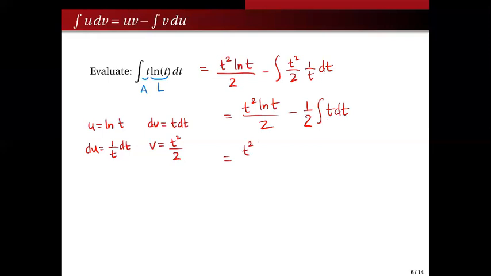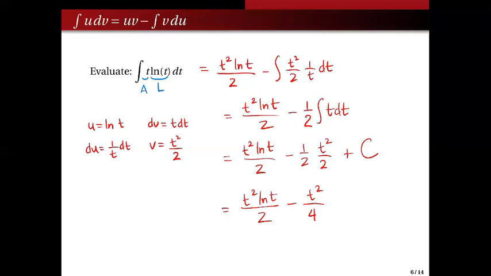You have t squared ln of t over 2 minus 1/2 times t squared over 2 plus the arbitrary constant c. Or we can now have t squared ln of t over 2 minus t squared over 4 plus the arbitrary constant c. So this is the final answer.